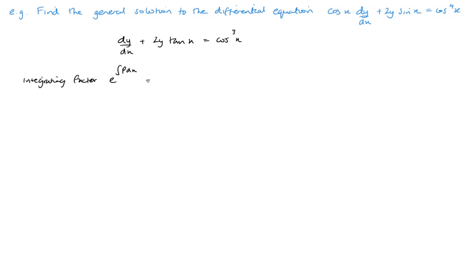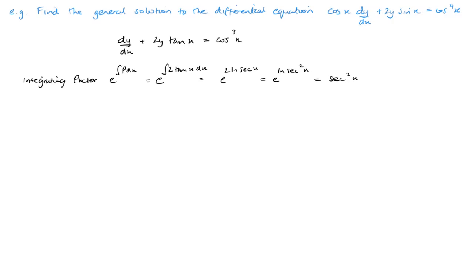So p is going to be 2 tan x, isn't it? So we're integrating 2 tan x dx. Now tan x integrates to log to the base e sec x, so that'll be 2 ln sec x, which is e to the ln sec squared x, which is just sec squared x.